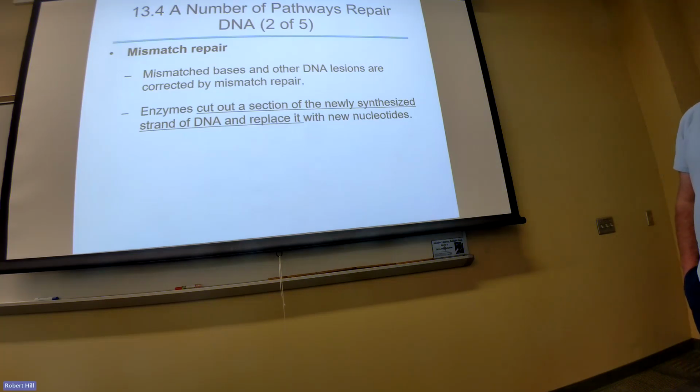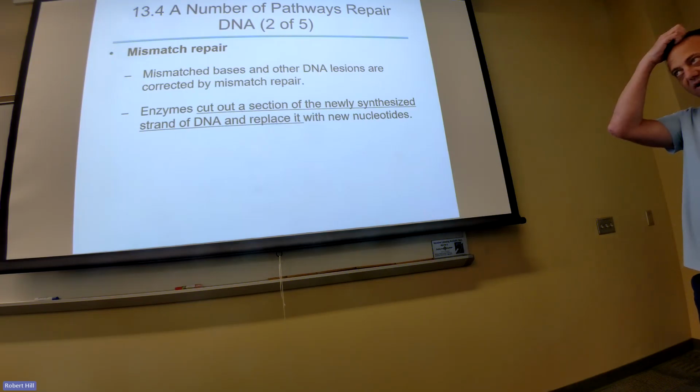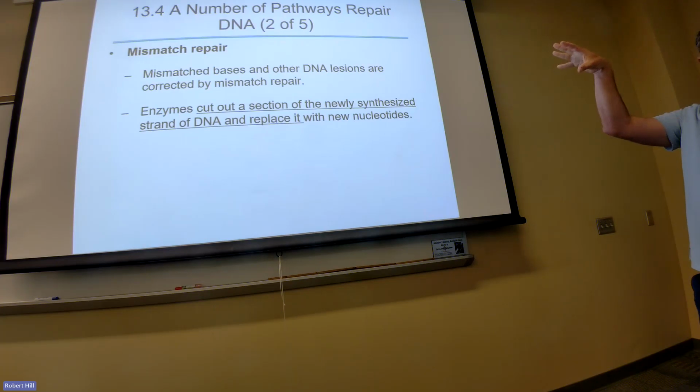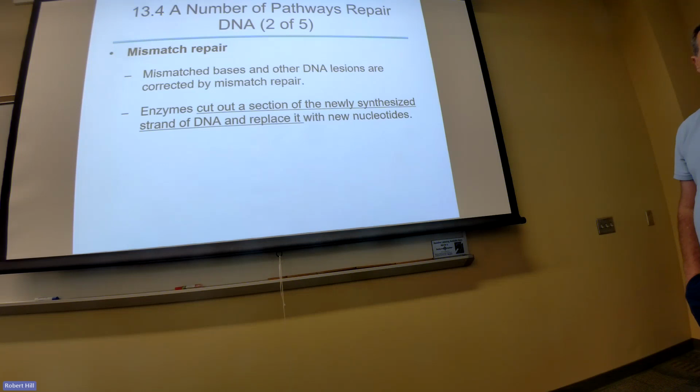Okay, so what do these enzymes do? They basically cut out a portion of the newly synthesized, the fresh DNA following replication, and they just replace it with new nucleotides. Right? So the thing with mismatch repair, though, is it's on the newly synthesized end of DNA. It's cutting out a section of just the newly synthesized strand.